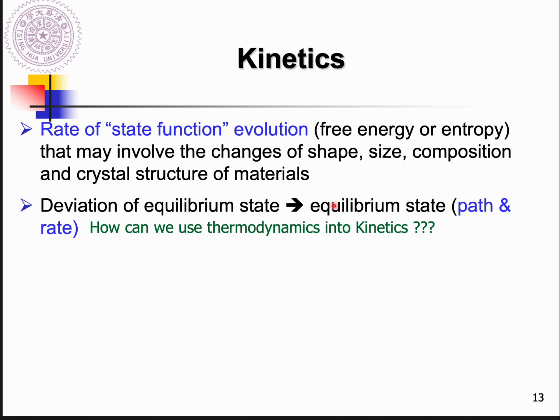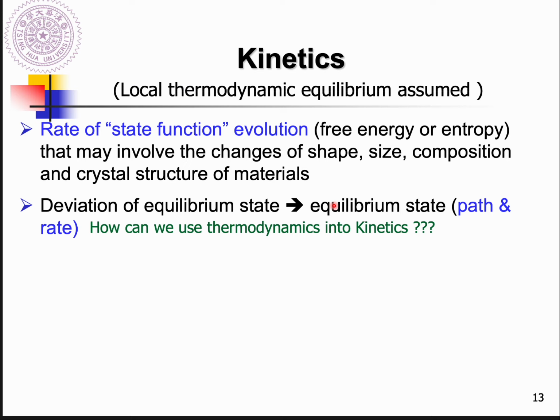So in order to deal with that, we will make a very important assumption here. Yes, kinetics is about the state function changing with time, and we care about the rate of state function evolution.